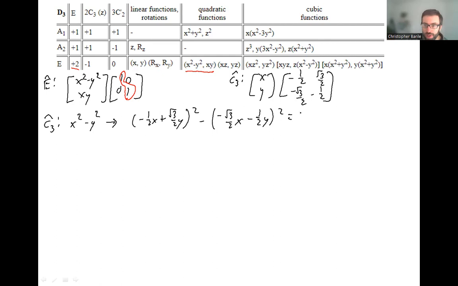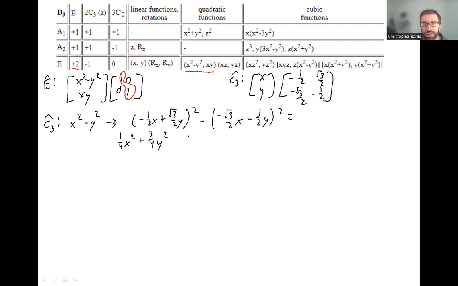Now we have a bunch of foiling to do. We have this first term here, negative 1/2 x times negative 1/2 x equals 1/4 x squared. We have this last term there, which is going to get us 3/4 y squared.